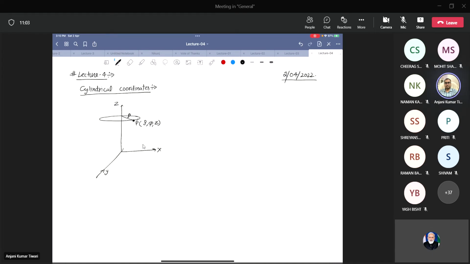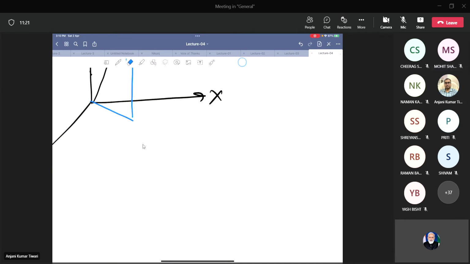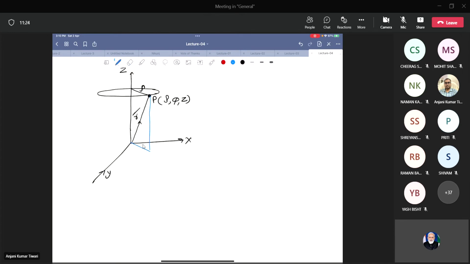Now let me say this was the vector r. I have to draw a cylinder here.